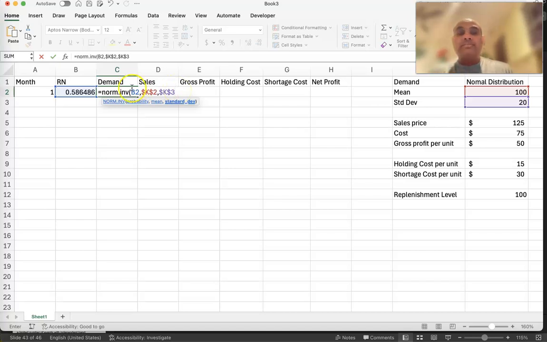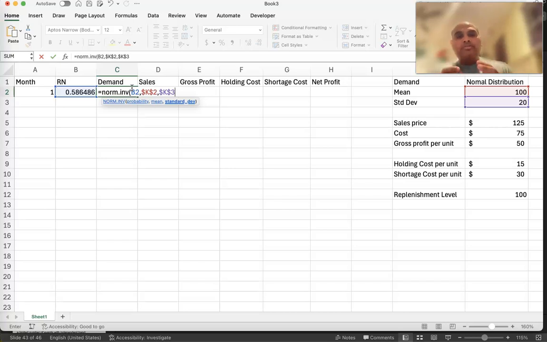This is the inverse of the normal distribution because of the way we generate these random numbers. If you remember the normal distribution bell curve, the total area under the bell curve is exactly equal to 1, because the sum of all possible probabilities has to add up to 1. If you take any value on the x-axis and draw a vertical line till it touches the normal distribution curve and find the area to the left, that is the probability of being less than or equal to that number.